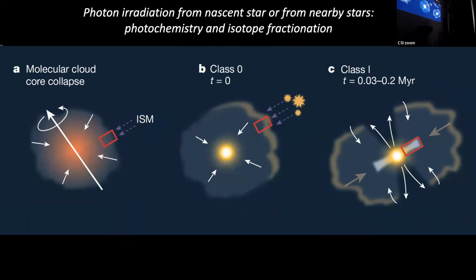And in this system you probably had ionization and irradiation by a nearby star, or by the central star. This irradiation probably resulted in photochemistry that I think is the key to the fractionation of these elements, of the volatile elements.